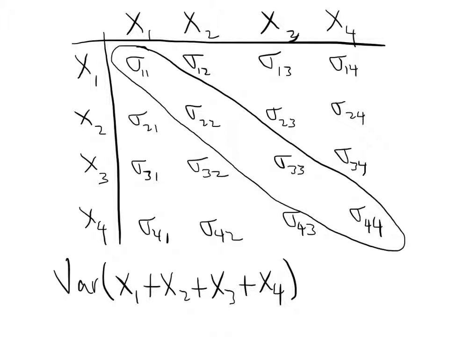Now what we do when we do the double sum and multiply by 2's, we're adding the variance terms, and then we're just adding 2 times these terms, and we're not adding any of these terms below the diagonal. Why? Because it turns out that this term is equal to that term, is equal to that term, and so on.